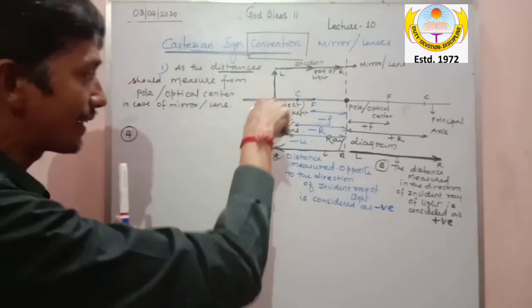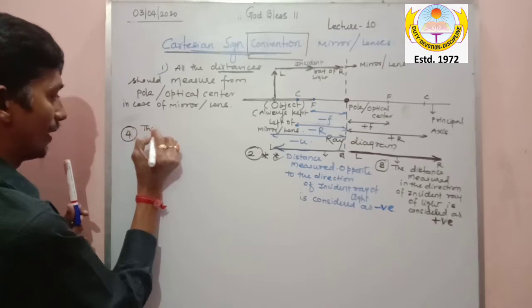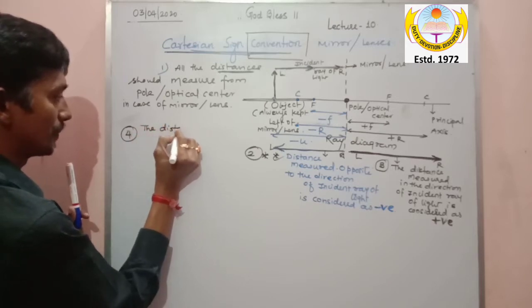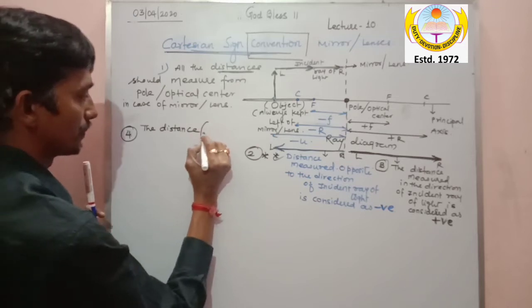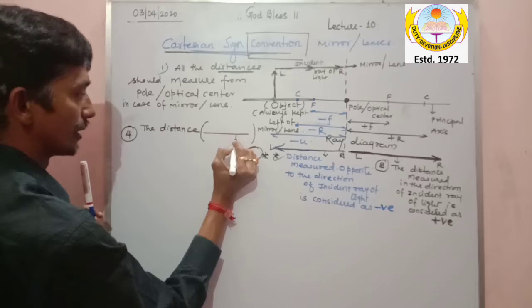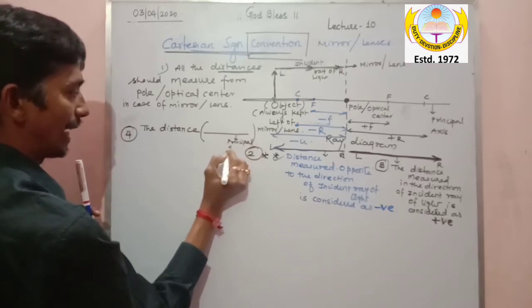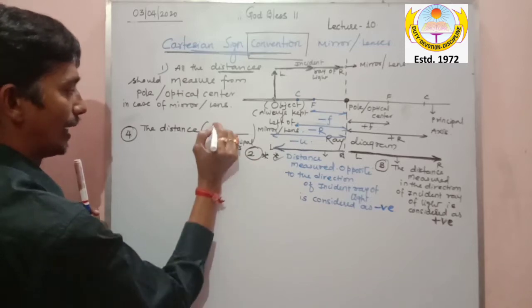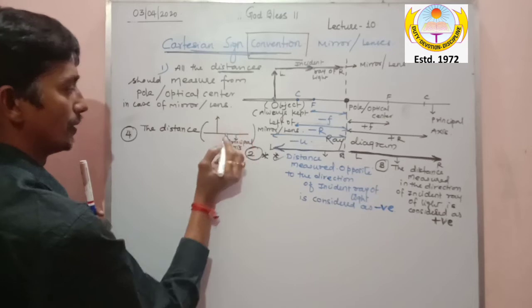So my dear, in that case the topic is the distance. Here I am drawing, in short, this is your principal axis, and here I have drawn like this. Am I clear?